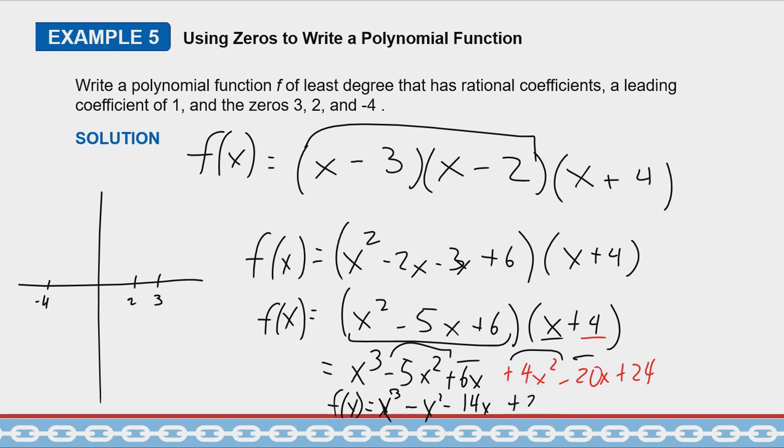Plus 24. So if you are asked to write a polynomial function with zeros at certain points, x minus the opposite of each zero: x, x minus the 2, and x plus the 4. And we multiply those all out using FOIL or some similar strategy.